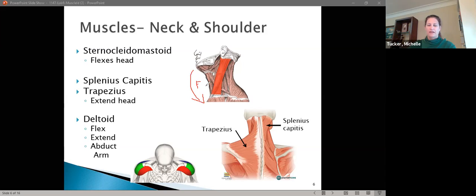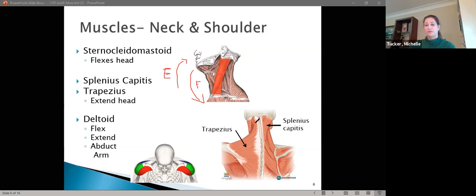Well, if we have our chin down, we now need to bring our head up. That is called extension. So if we want to go the other direction, that is extension. And the two muscles that will accomplish that are trapezius and splenius capitis.